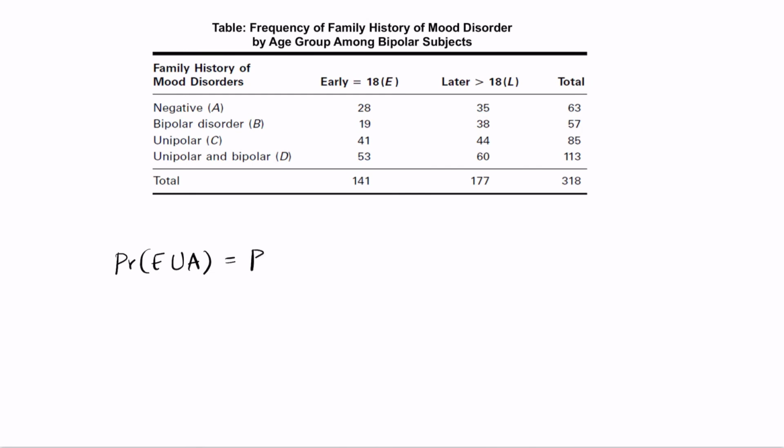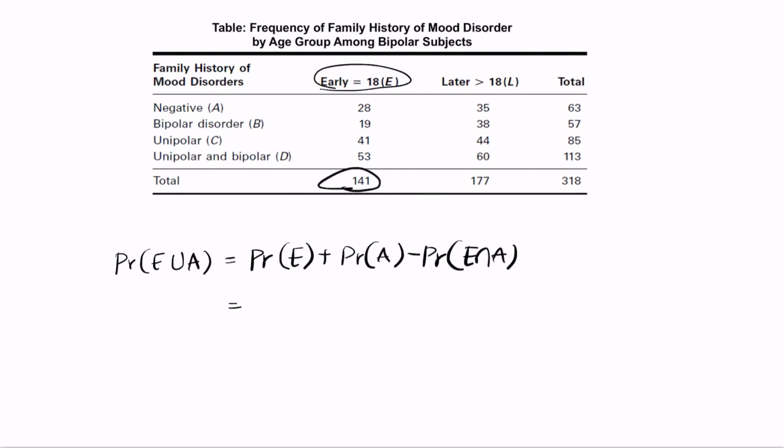So we know from the formula we write probability of E plus probability of A minus the probability of A intersection E. So we need the probability of E. The probability of E is the total number of E, 141, divided by 380. So 141 by 380 plus the probability of A is negative. So the total negative is 63.